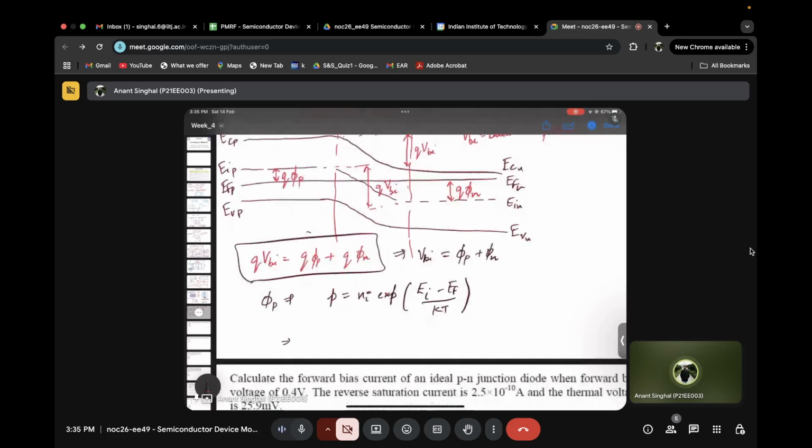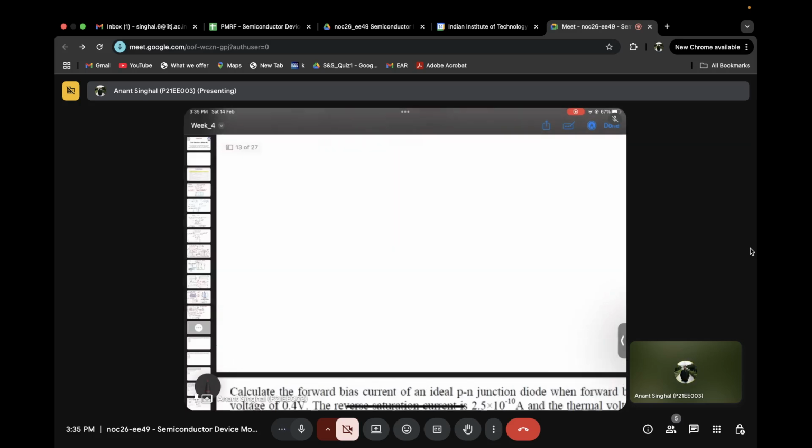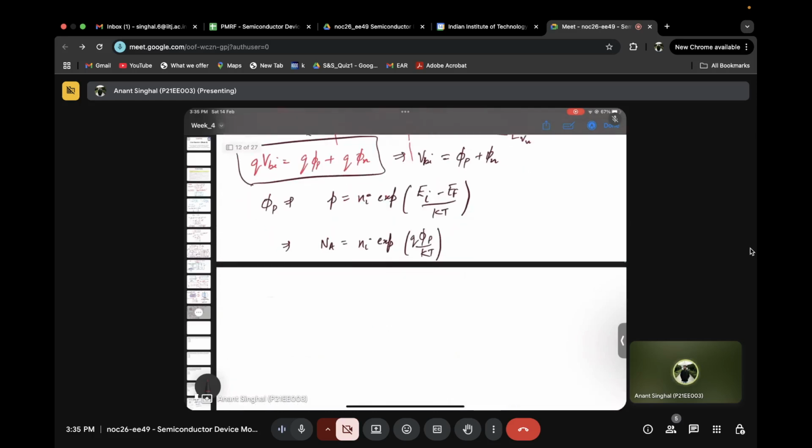For this particular case, p is nothing but NA because we have p-type doping, so NA equals ni exponential of (EI minus EFP), which is actually this, if you see. So I can write this as q phi P over kT. From this, we can clearly write phi P as, if I take log on both sides, kT by q ln NA over ni.